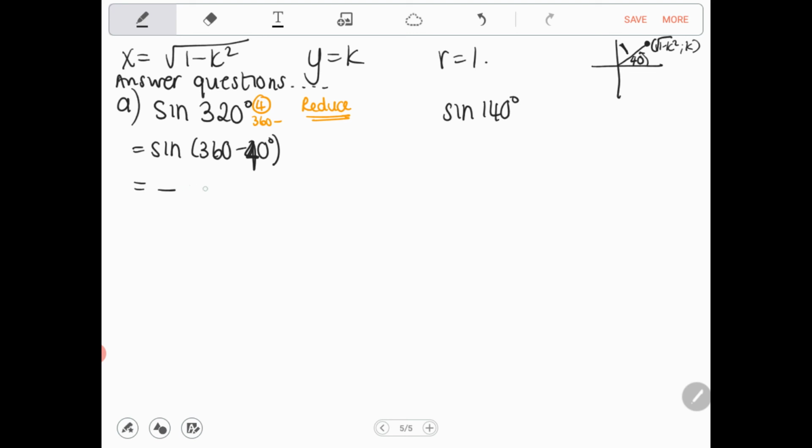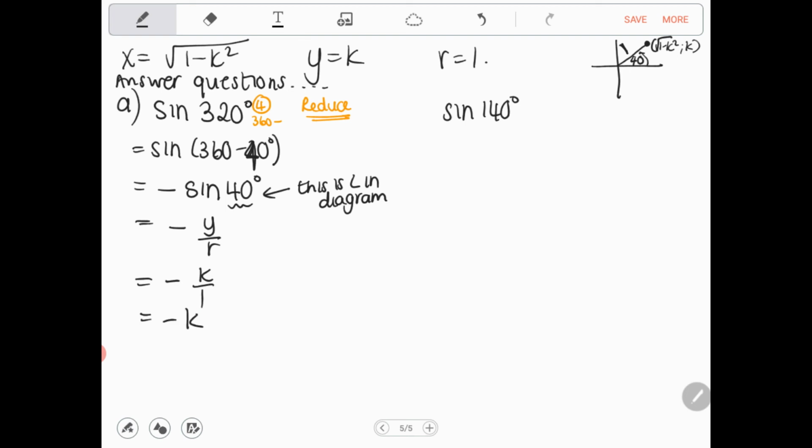That's going to be negative, because sine in the fourth quadrant is negative. Sine 40. Now I've got the right angle. It's got to be the angle in your diagram. So it's negative y over r, which is negative k over 1, which is negative k.